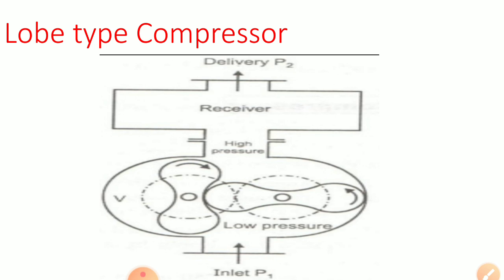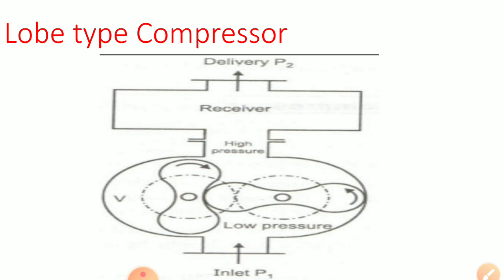Due to this compression, the pressure of that air increases, and then that high pressure air is delivered to the receiver, where later on the compressed air is used for different applications.